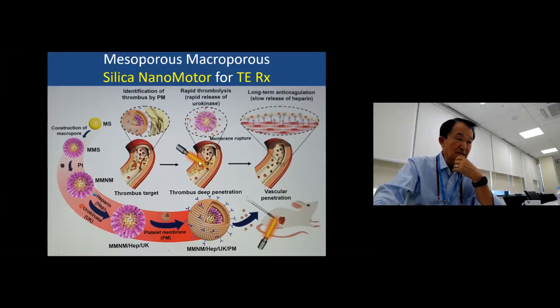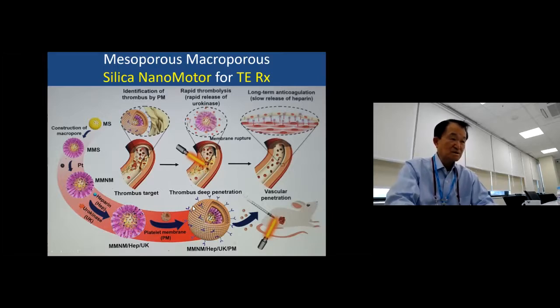So it's a melting. And then a slow release of heparin for preventing further coagulation process. So this new therapy, mechanical things can be obtained, but in this acute process.